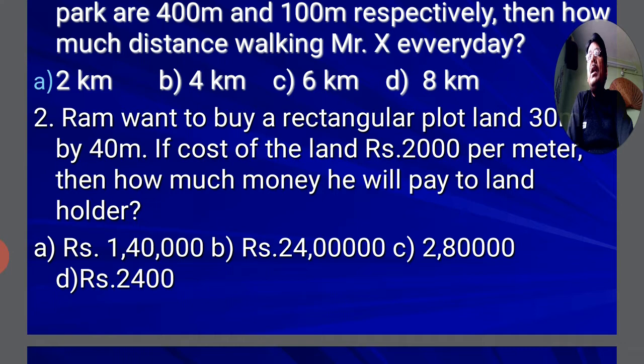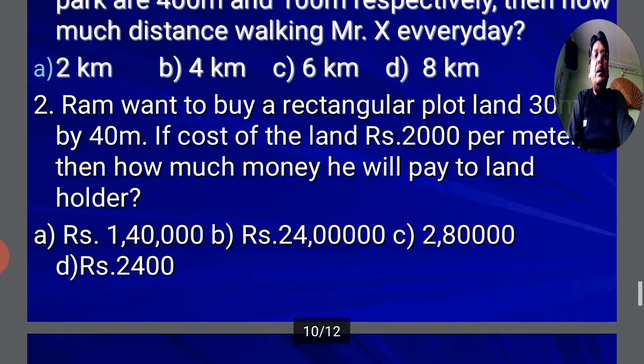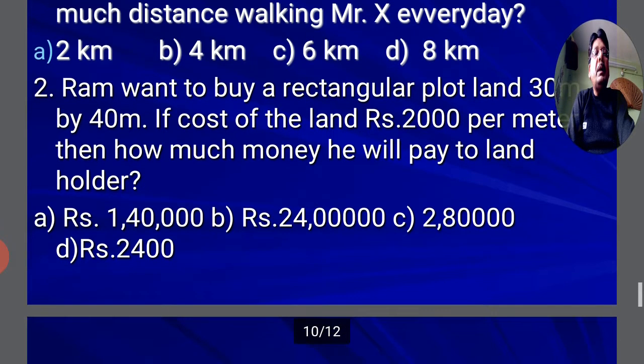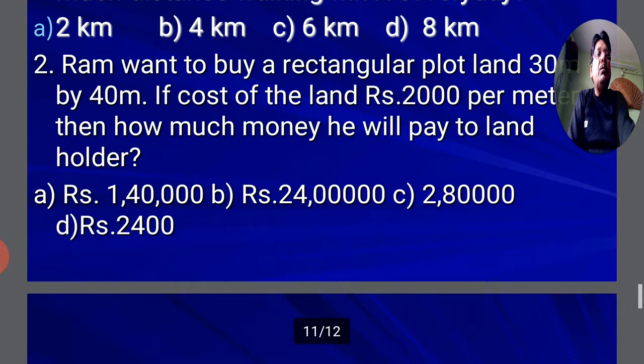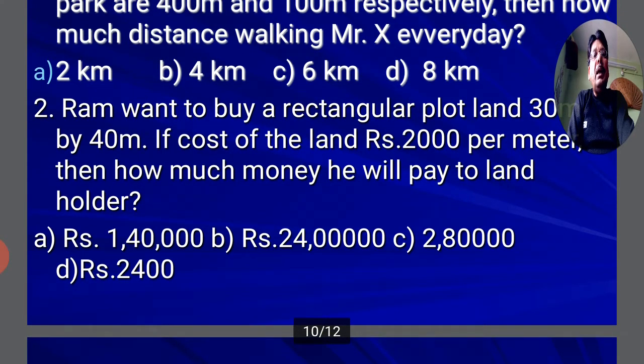If the student knows the formula of the perimeter, they will put in the length and breadth of the plot. After simplifying, they will get the perimeter, and then multiply by 2000 and get the answer. I think you can calculate and find the result.